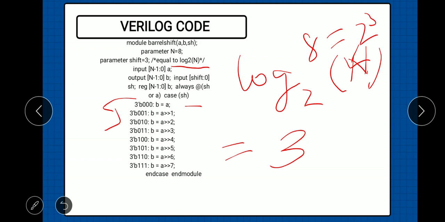Whenever SH is equal to 1, our input is shifted by 1 bit, and that will be assigned to B. When it is 2, then the input is shifted by 2 bits, and that is assigned to B. Similarly, it happens for all the shift inputs.